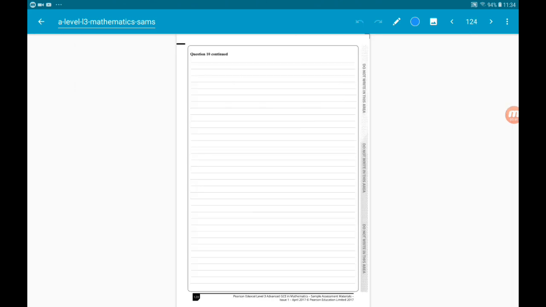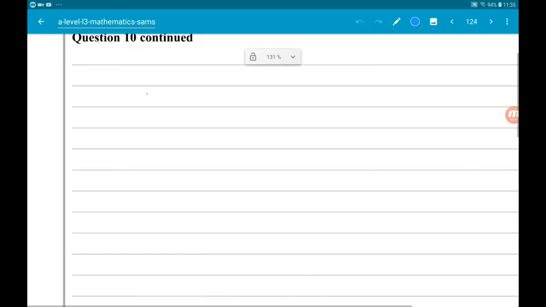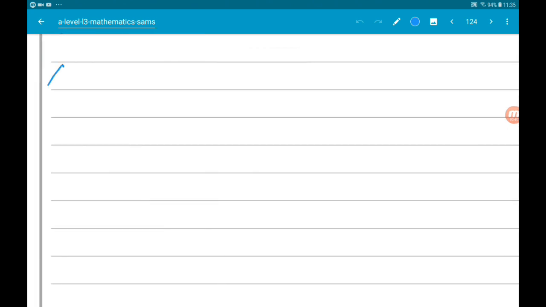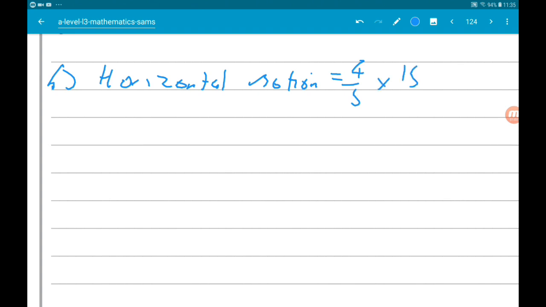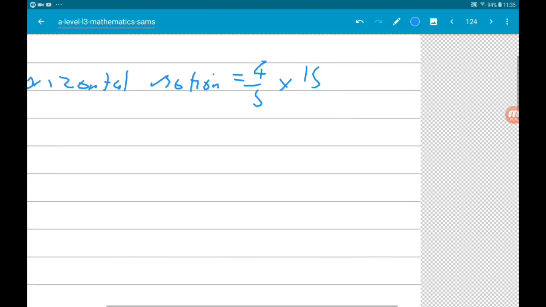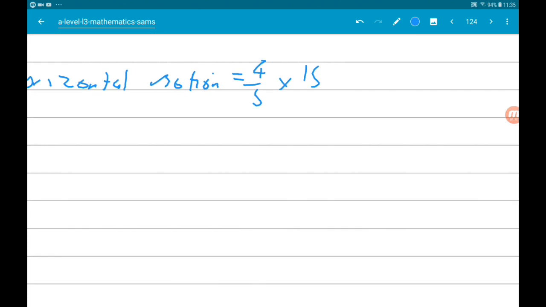So we know the horizontal motion, well it was 4/5 of u. U is 15, so it's 4/5 of 15, which is 12 meters per second.